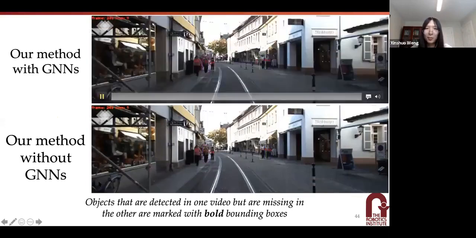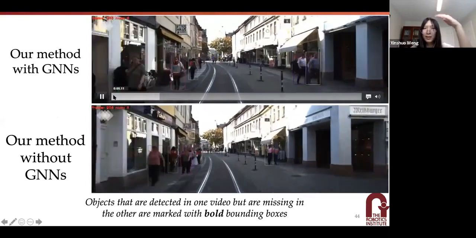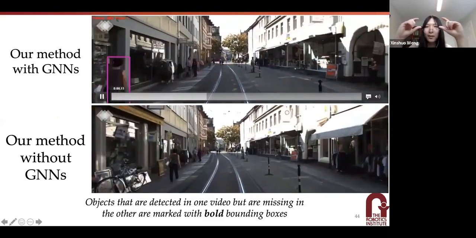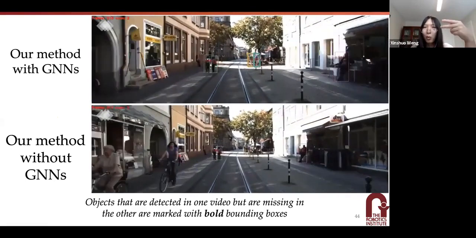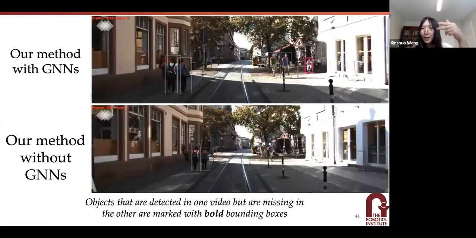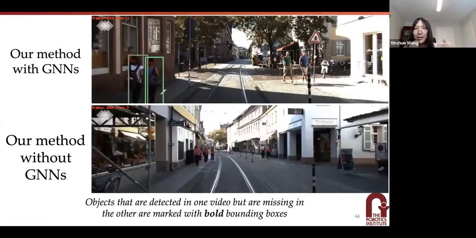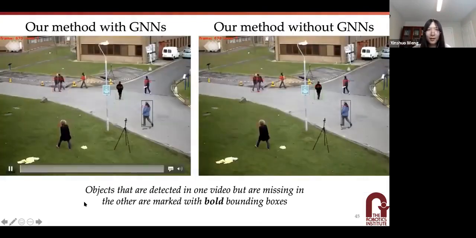So basically, if you see a bolded bounding box, it means this is performing better than the other. So the top video has more bolded bounding boxes than the bottom one, saying that the top video has fewer false negatives, and the bottom one has more false negatives.